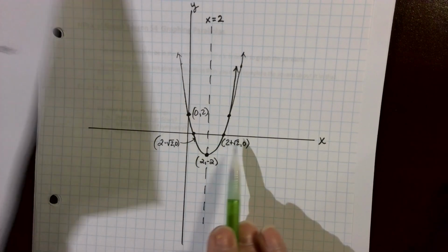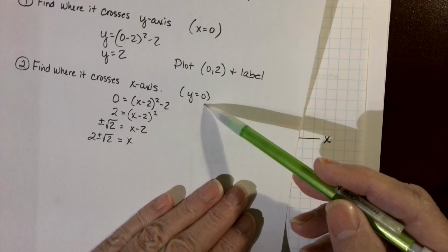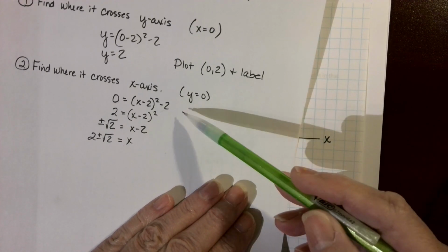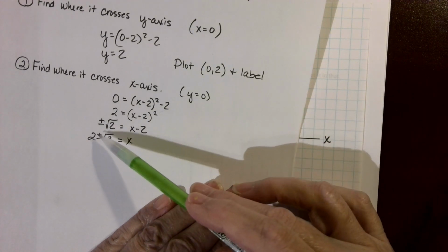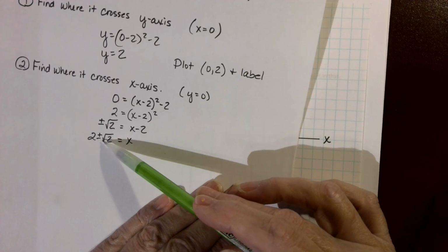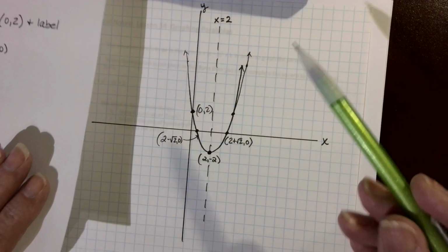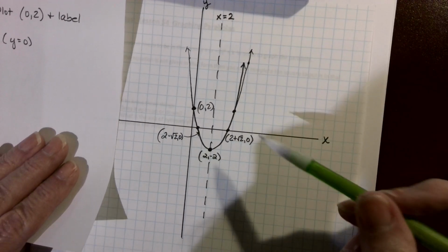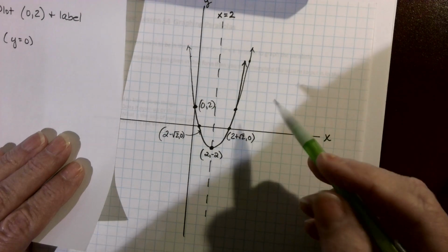And then these 2 points are the 2 points you found when you put 0 in for y and solved for x, which is where it crosses the x-axis. So it crosses at 2 plus the square root of 2, and at 2 minus the square root of 2. Now the square root of 2 is about 1.4. So 2 plus 1.4 is about 3.5.